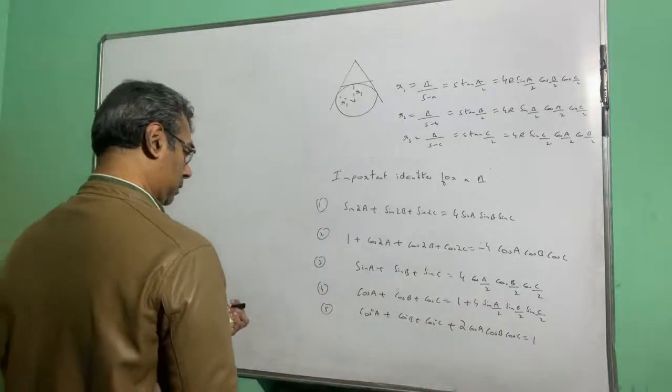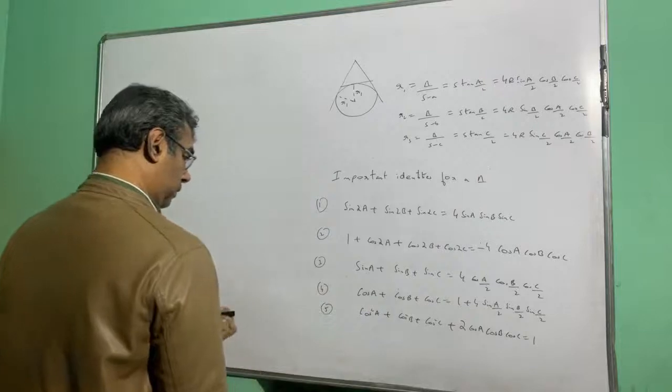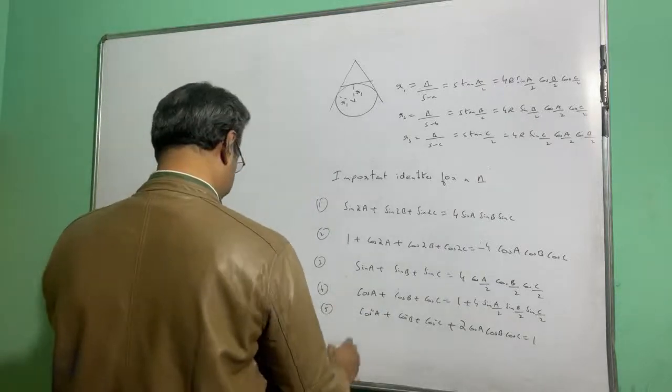So cos square A plus cos square B plus cos square C plus 2 cos A cos B cos C equals 1.